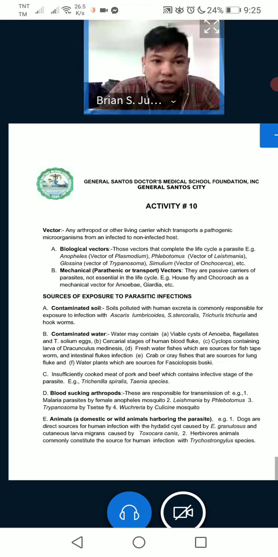Ngayon nyo makikita ang itsura ng hydatid cyst sa liver. Ito naman, brain, hydatid cyst sa human brain. Hydatid cyst is the infective and diagnostic stage ng Echinococcus granulosus. Pwede rin matransmit sa dogs at pwede ding umabot sa tao.